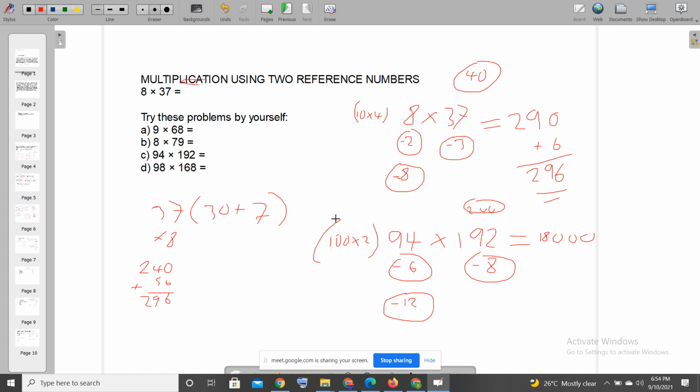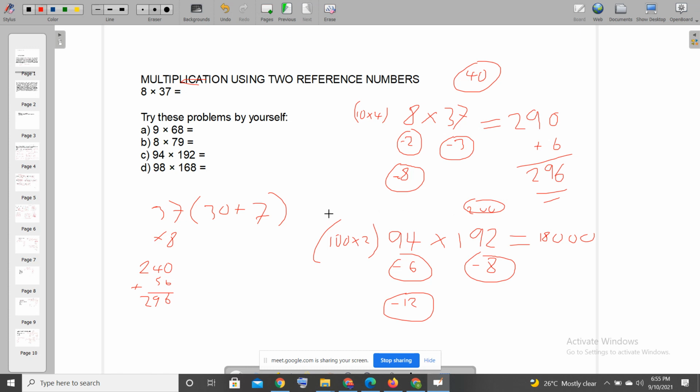Yeah. Okay, so now here we multiply the down. So minus 6 times minus 8 will give us what? 6 times 8 is what? 48.